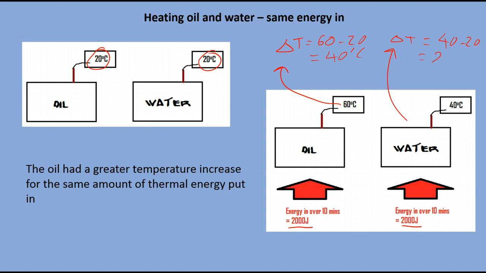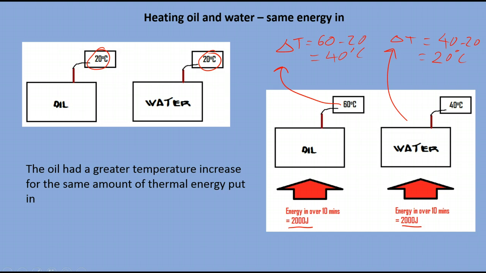Now that's the same input energy put into both of them, and it's the same mass of oil and water. So there's something fundamentally different about the materials that make them up.